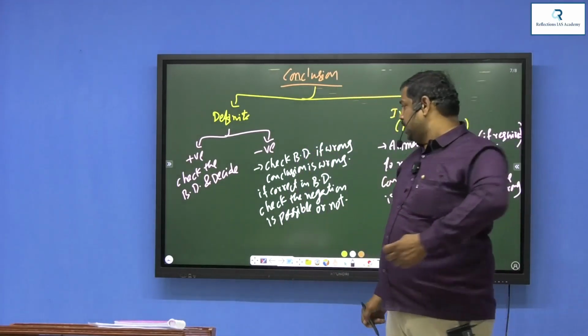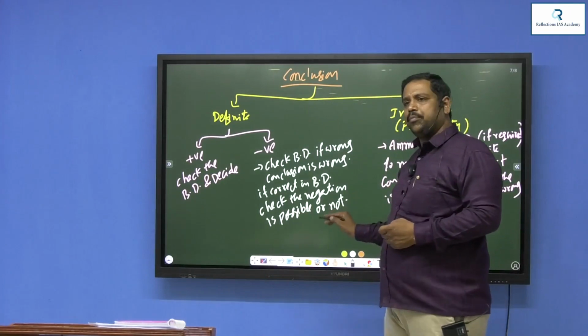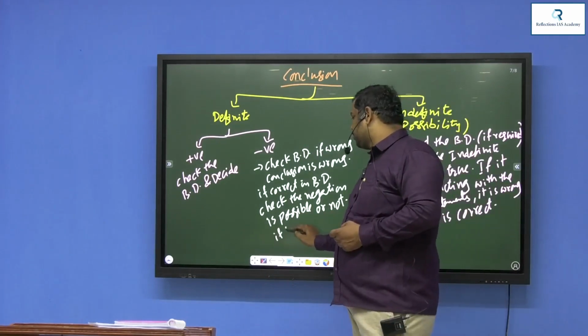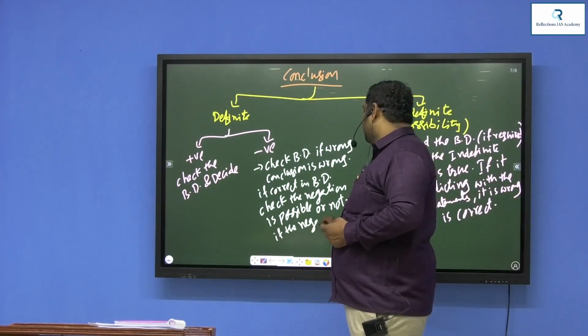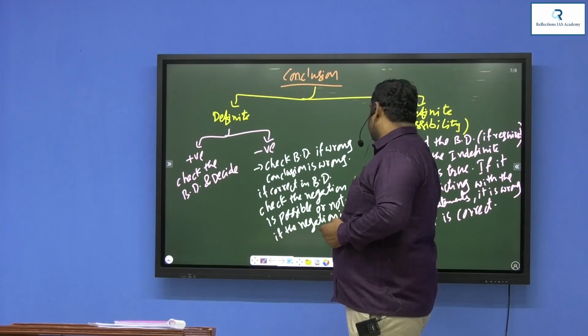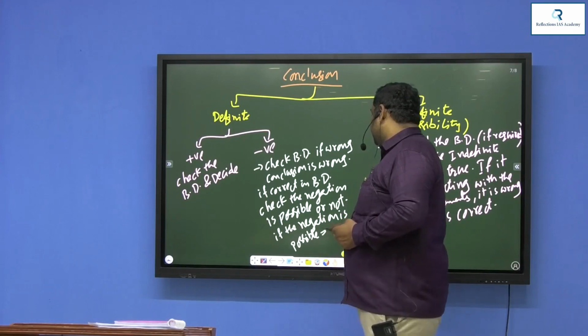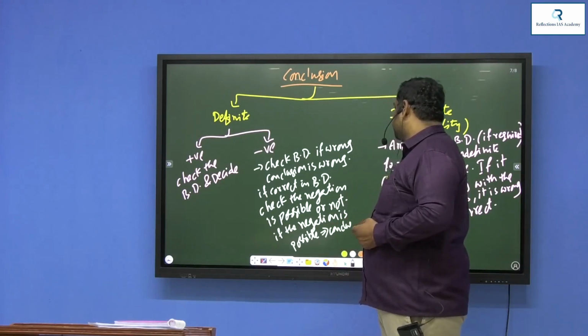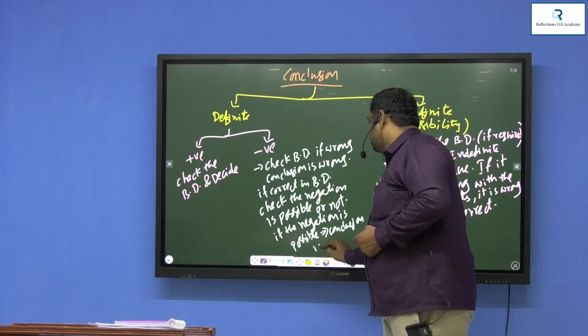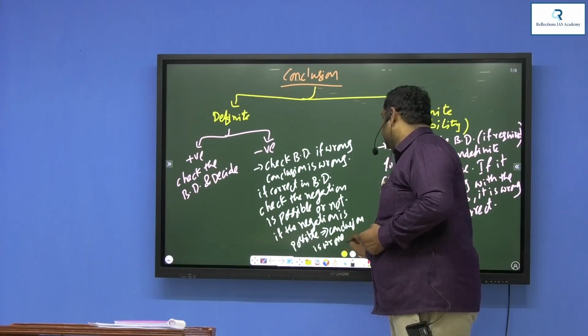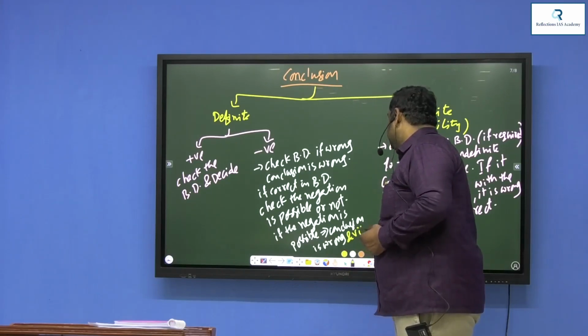So that means if the negation is possible, that implies the conclusion is wrong, and vice versa.